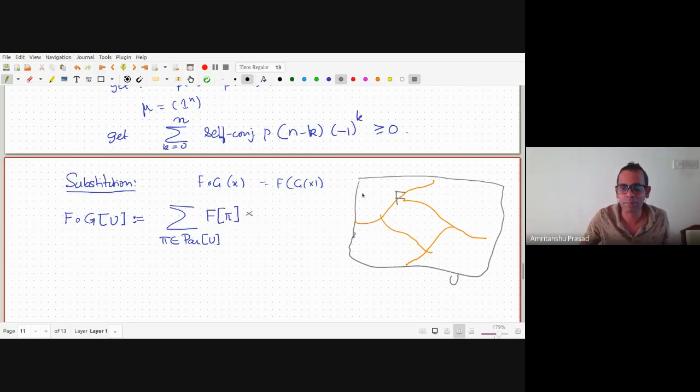So let's call these pieces, so we'll put a G structure on each piece. So that's the visualization. And so the formal definition is product over V belongs to pi G. So that's the definition.